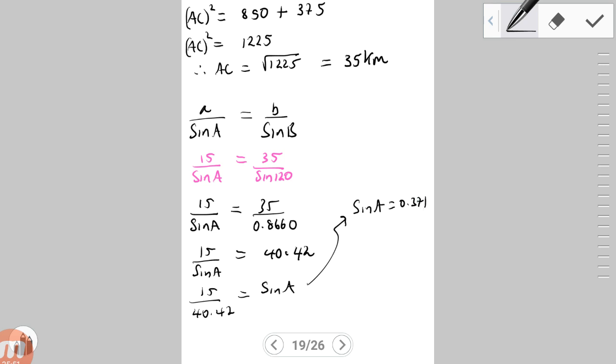To find the angle, A would be equal to sine inverse of 0.371. So we shift, insert sine raised to the minus 1 of 0.371, and that's equal to 21 degrees, approximately rounded off to 22 degrees.